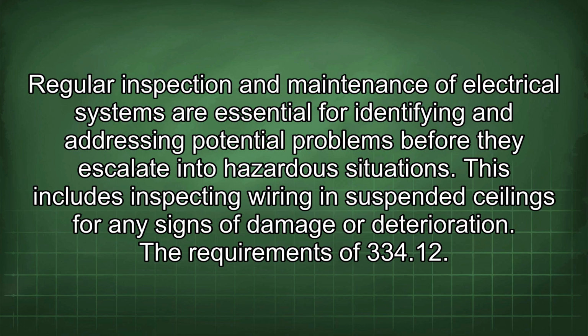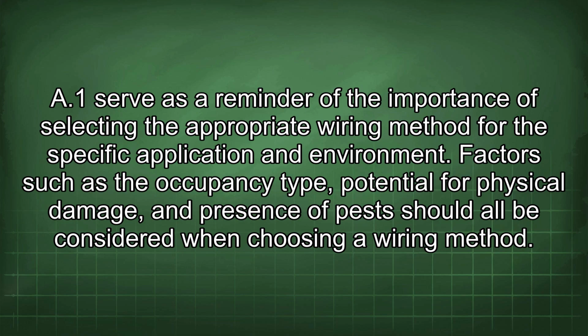The requirements of 334.12(A)(1) serve as a reminder of the importance of selecting the appropriate wiring method for the specific application and environment. Factors such as the occupancy type, potential for physical damage, and presence of pests should all be considered when choosing a wiring method.